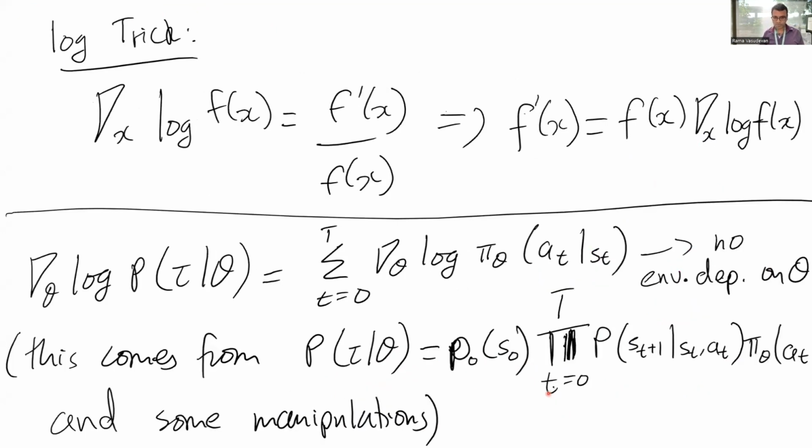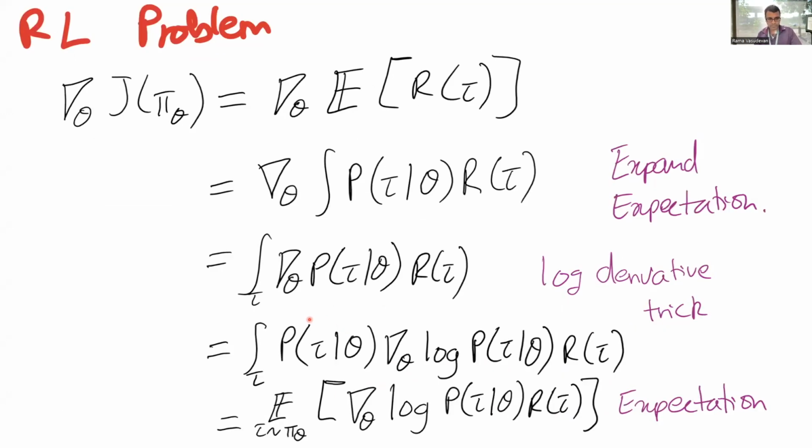So how do we calculate what this actually is? We have this term: the gradient with respect to the policy parameters theta of the log of the probability of the trajectories conditioned on theta, multiplied by the returns as a function of the trajectory. This is very interesting to look at, but how do we actually compute it?